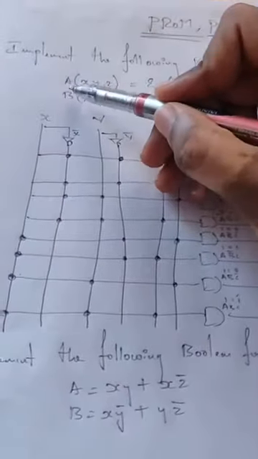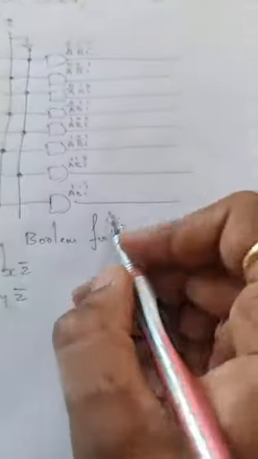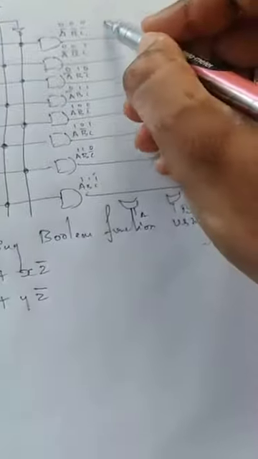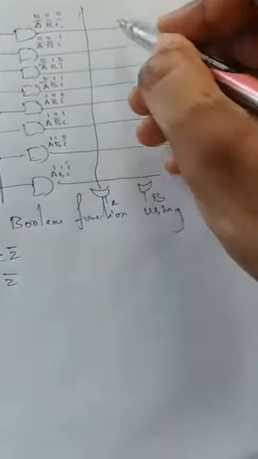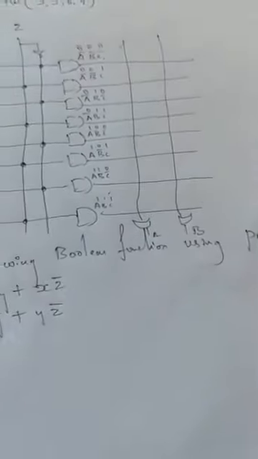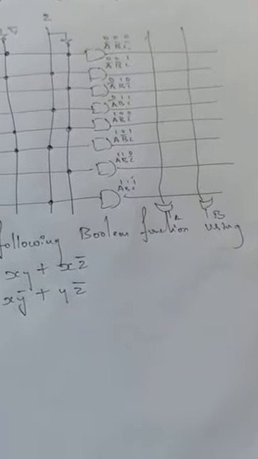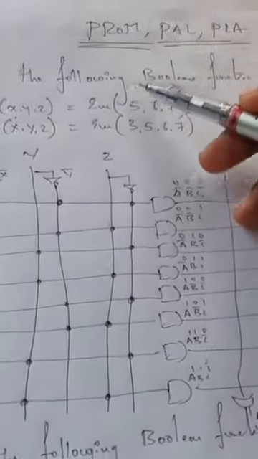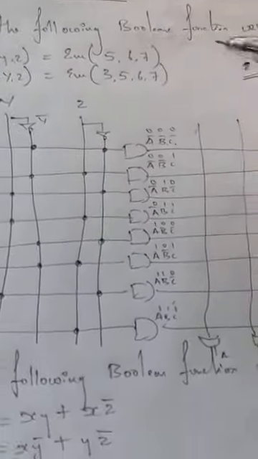As they have given only two expressions, A and B, you are supposed to write 2 OR arrays. Name one as A, the other as B. Just write a vertical line. Obviously, A is summation of 5, 6, 7. Where is 5?